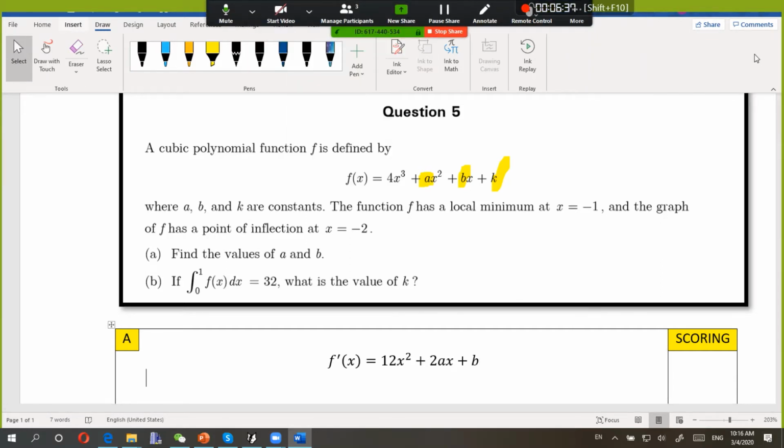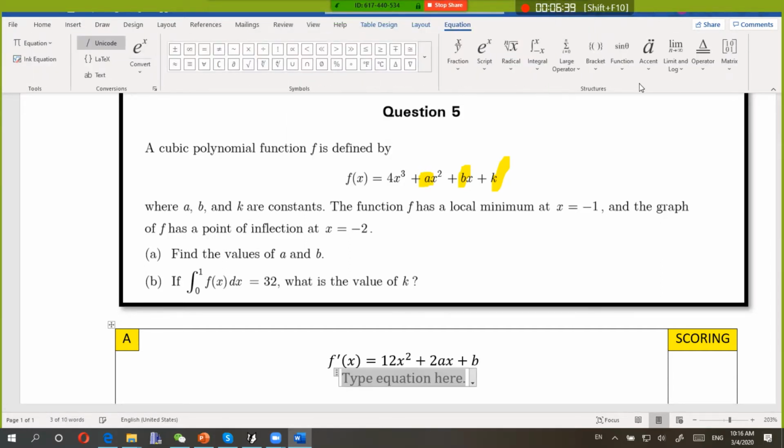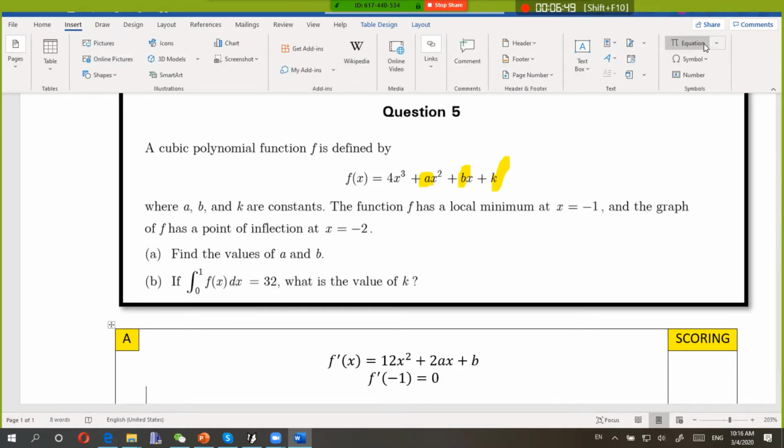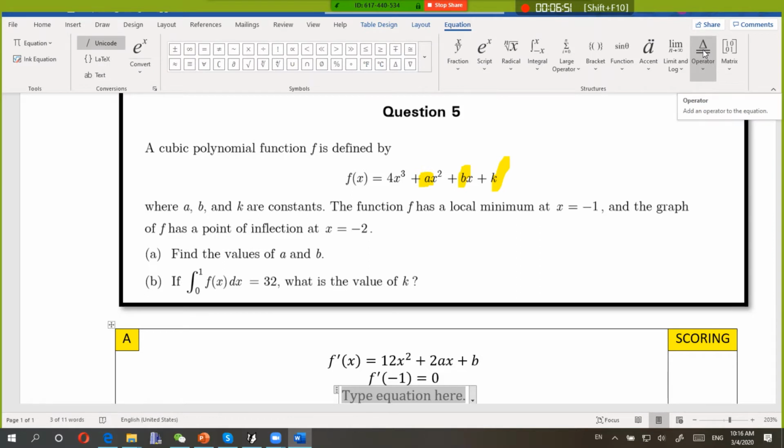And then at the point -1, our slope should be equal to 0. That was given. So I can set this equal to 0 as long as I plug in -1. So I'm going to set that up really quick.